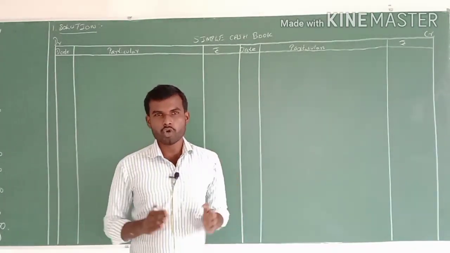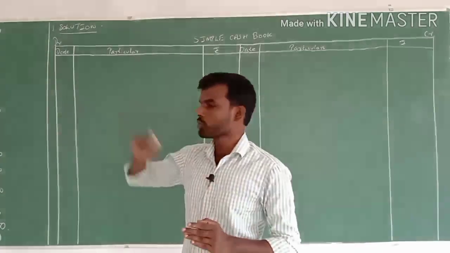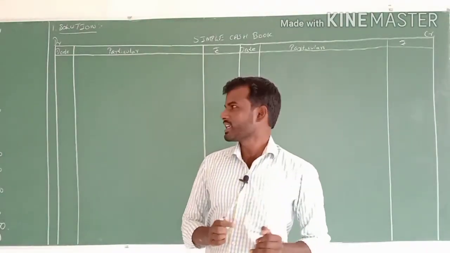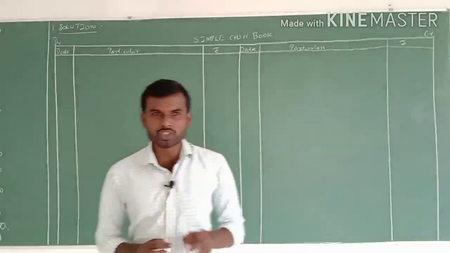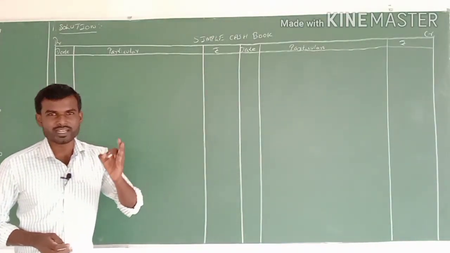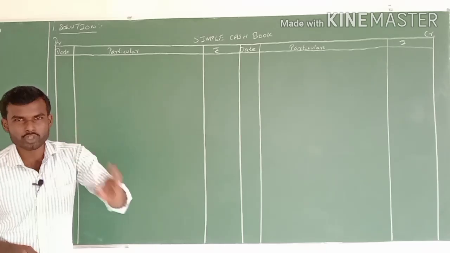As per page number 4.3, the first problem, the first point is that on December 1st cash in hand of 24,000 is there.